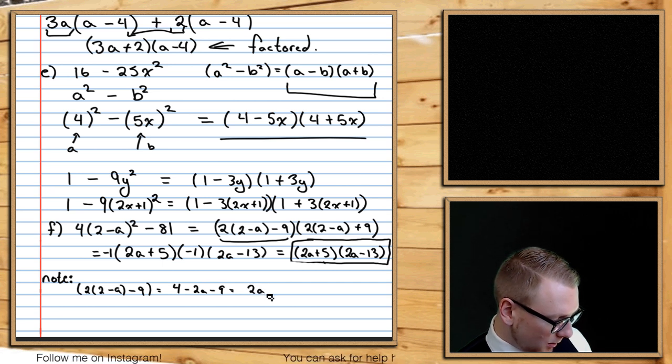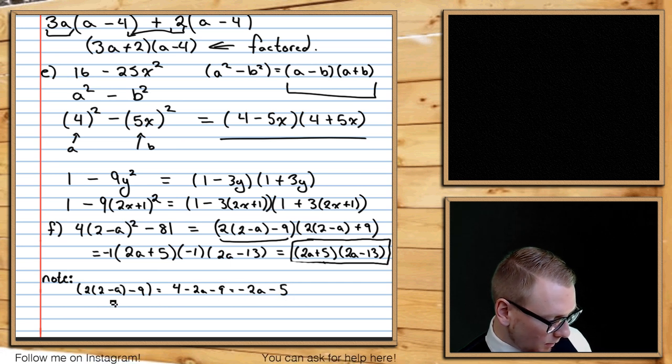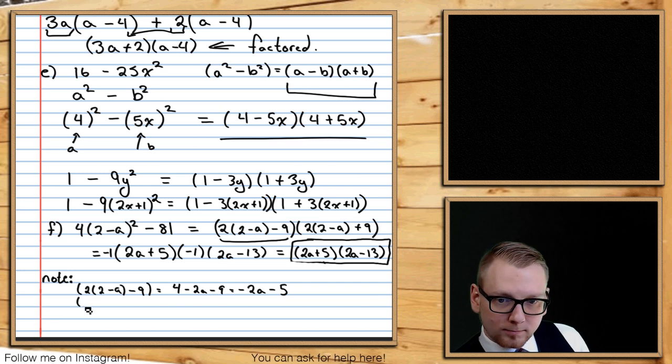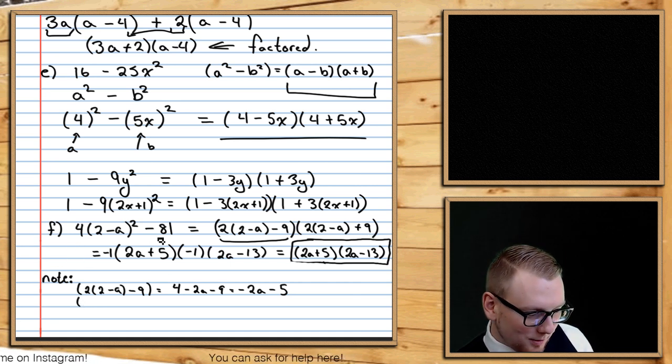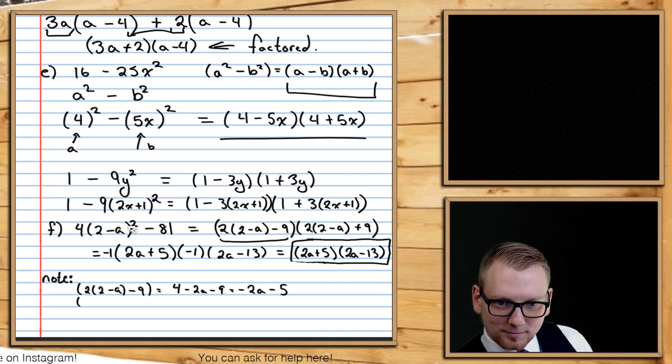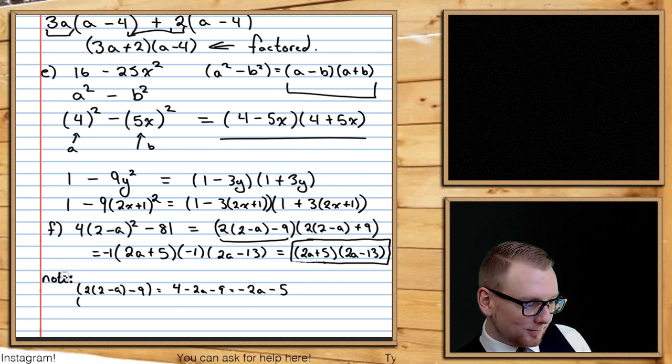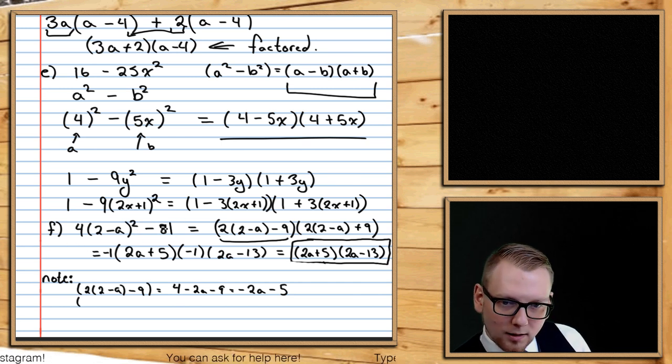Um, 2a minus 2a minus 5. The minus 9 and the plus 9? You even said that from the 81. Because the original question had the 81.